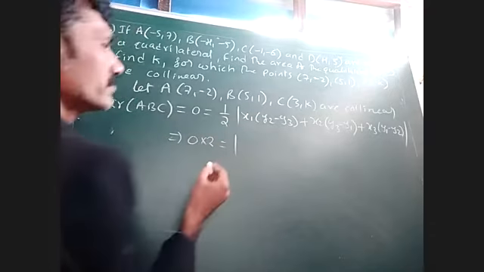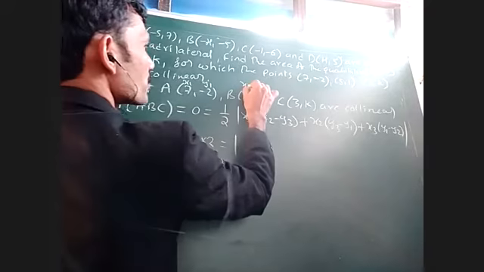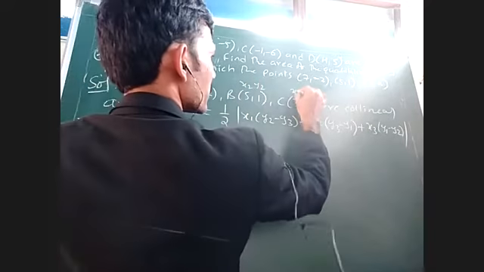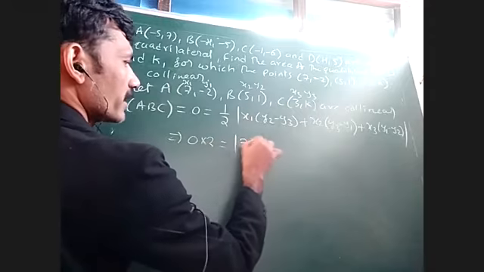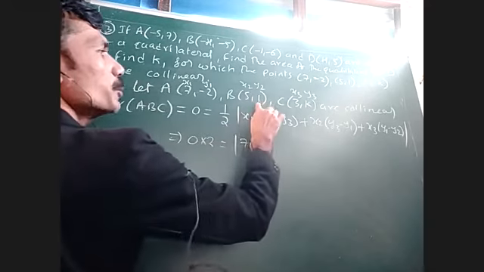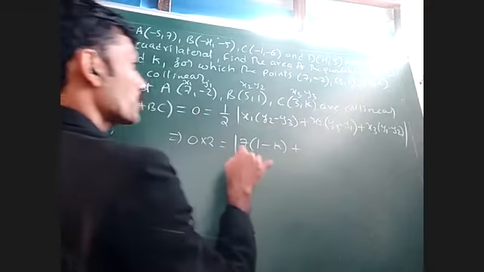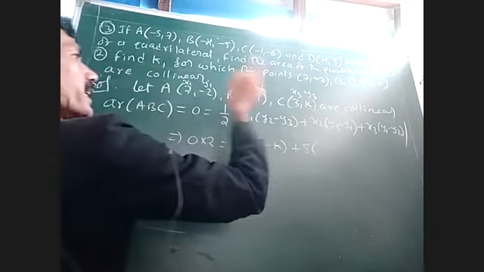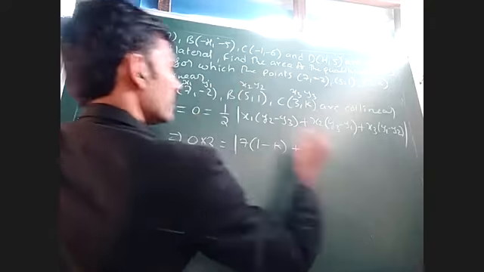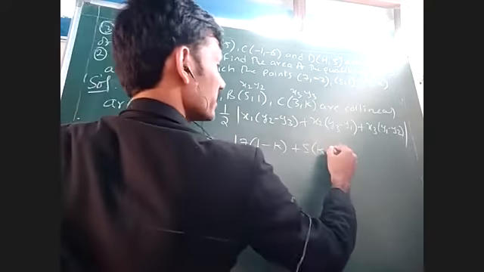Now x1, y1 are the coordinates of point A, x2, y2 of B, and x3, y3 of C. Now x1 is 7, times y2 minus y3, that is 1 minus k, plus x2, which is 5, times y3 minus y1: minus y1 is minus of minus 2, so plus 2.